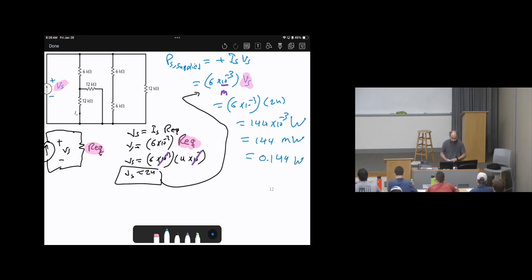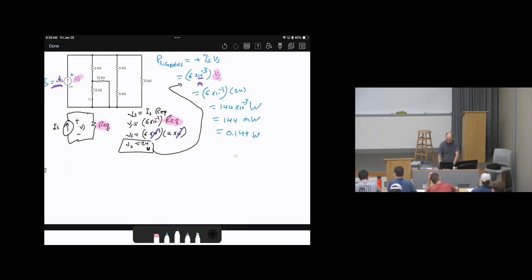Whatever you prefer, that's fine. And again, it's supplying power. Don't forget to write the units. So here is volts for the source. Power is watts. Current is ampere. Okay, any questions?